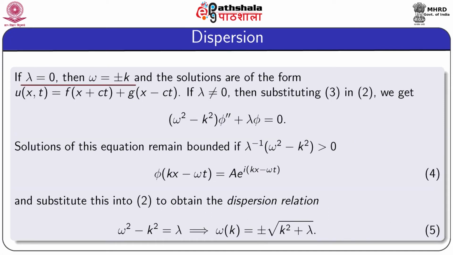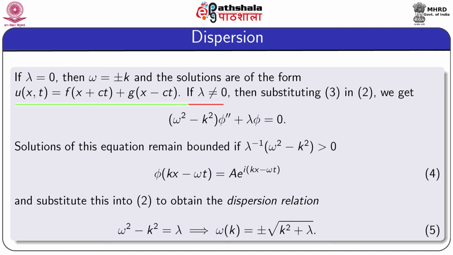Now, if λ equals 0, we can prove the value of ω is ±k, and the solution becomes u = f(x + ct) + g(x − ct), which is nothing but the solution of the wave equation.